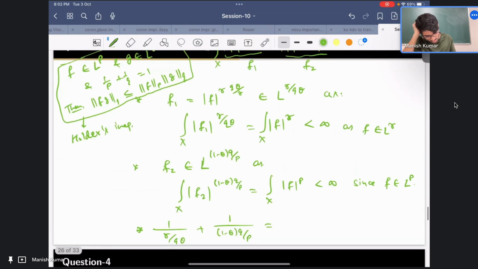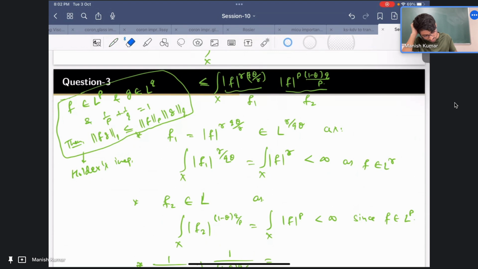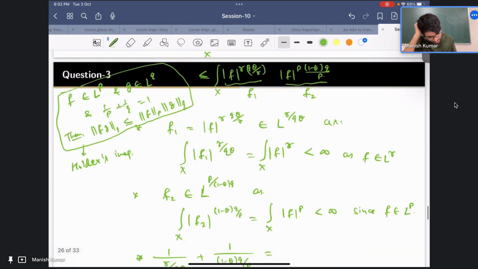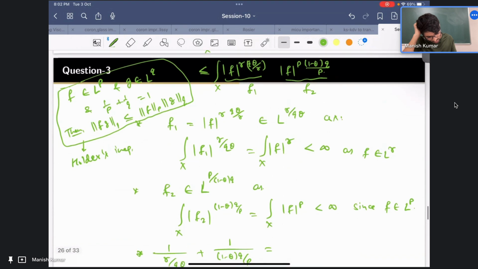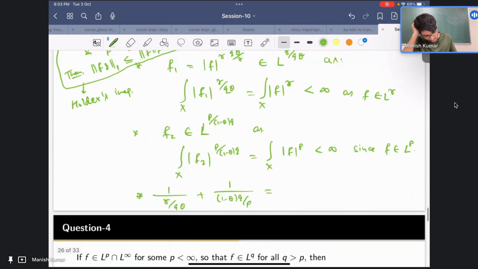Just a second, there's something wrong. I think this is okay. This is p by (1 minus theta) q.